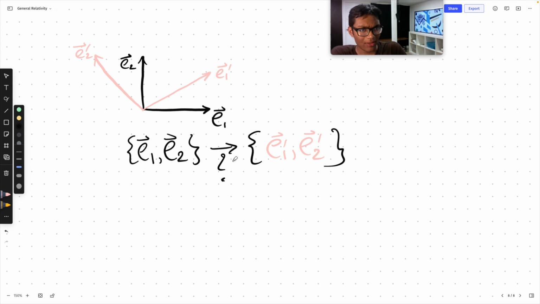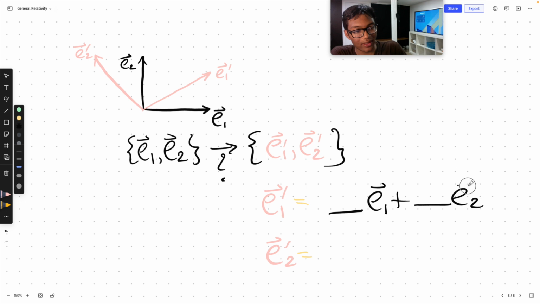The question is whether E1 prime and E2 prime can be written as linear combinations of our original basis vectors. So some amount of E1 plus some amount of E2 can express E1 prime, and some amount of E1 and some amount of E2 can express E2 prime.